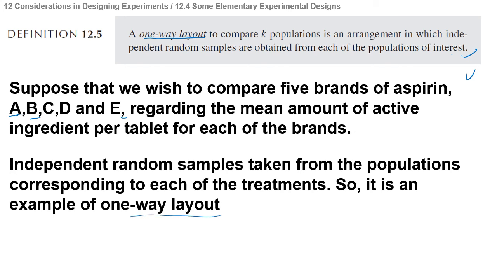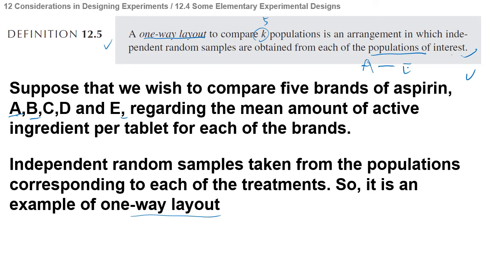So here in the definition, a one-way layout to compare K populations, 5 populations in the example, is an arrangement in which independent random samples are obtained from each of the populations. For each population A to E, we need to take random samples.